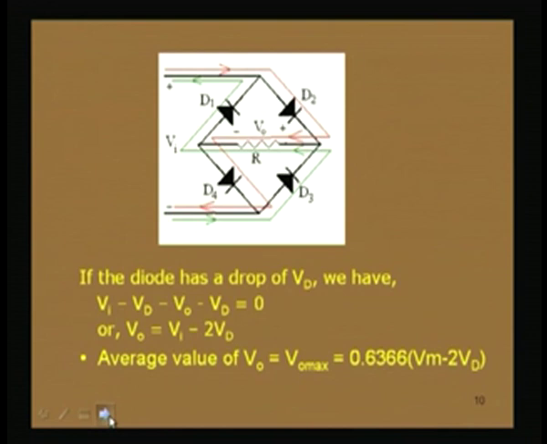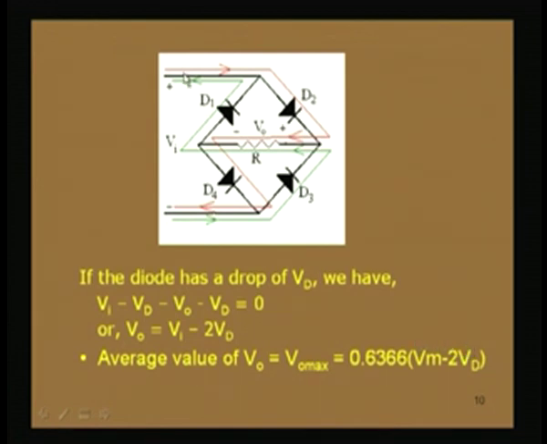Now, if we consider a practical diode having cut-in voltage of Vd, then we have the average value 0.6366 Vm minus 2 Vd. Now, why will 2 Vd come?